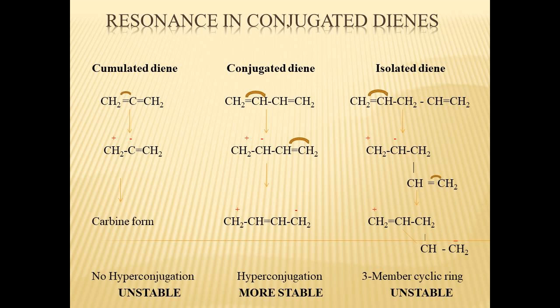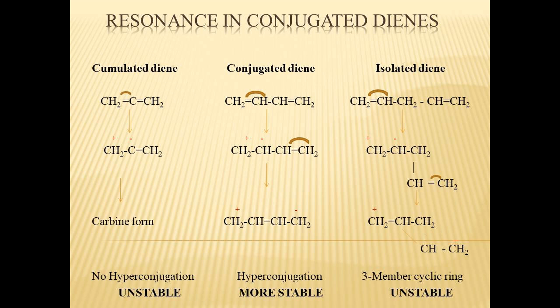The first carbon's double bond breaks, so it forms a plus charge and further creates a minus charge. This is one product. Another one is the carbene form. The carbene form has no hyperconjugation, so the carbene form is also unstable. So the cumulative diene is unstable.